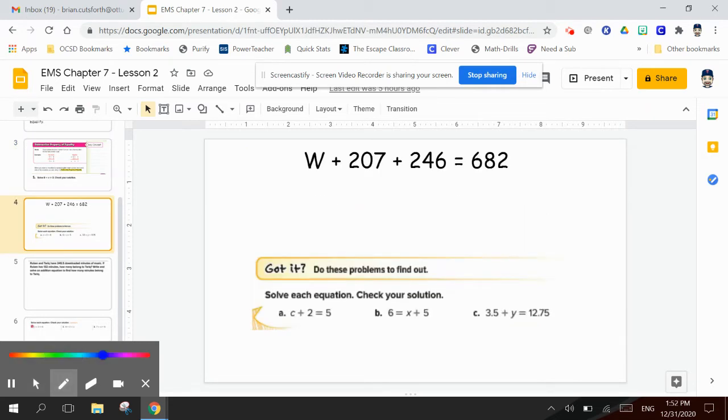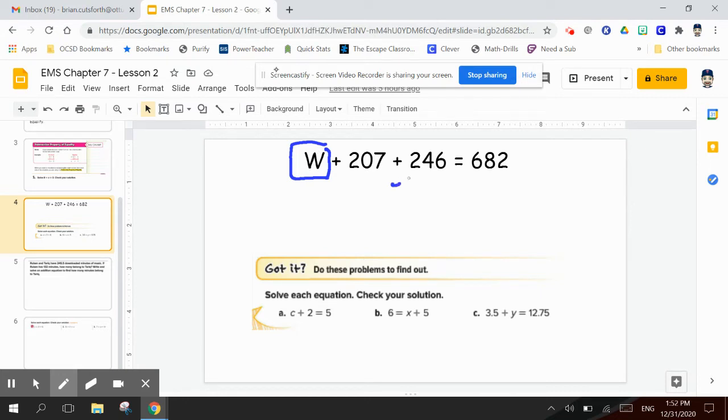When I look at an extended problem, such as w plus 207 plus 246 equals 682, I do the same thing. I use my subtraction property of equality. So the thing I want to do is get my variable by itself. To do that, I have to subtract each of these numbers.